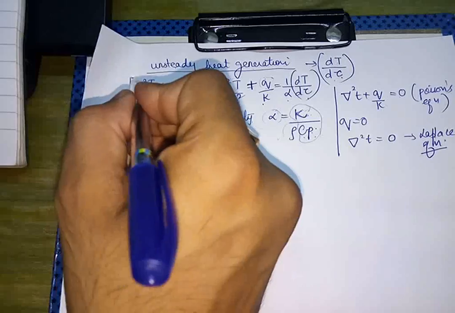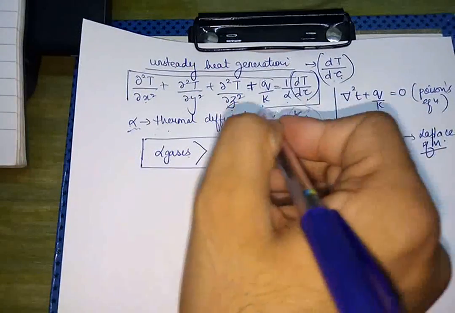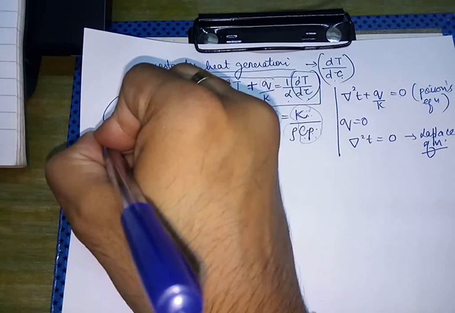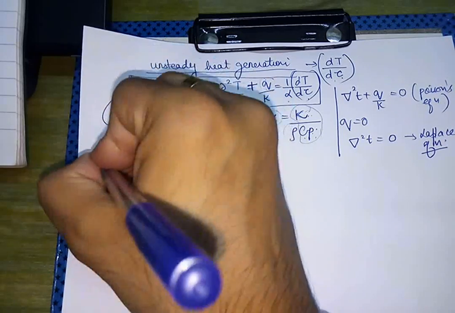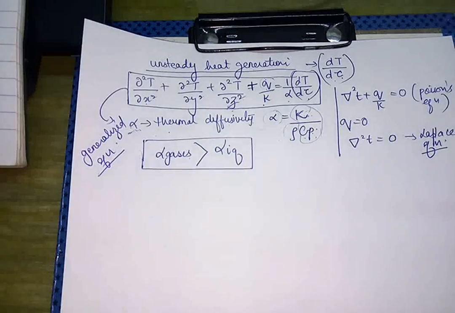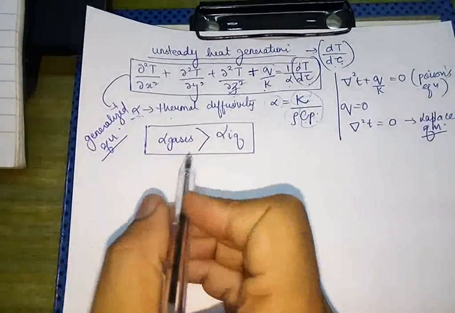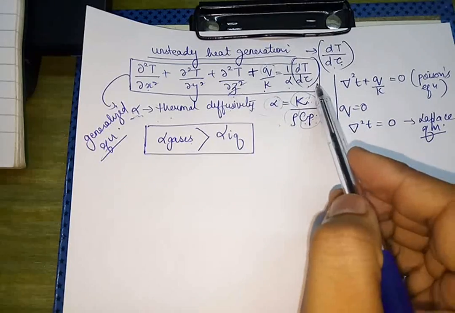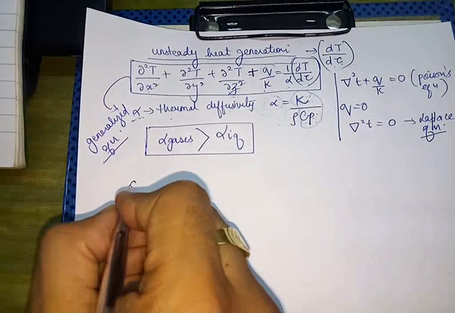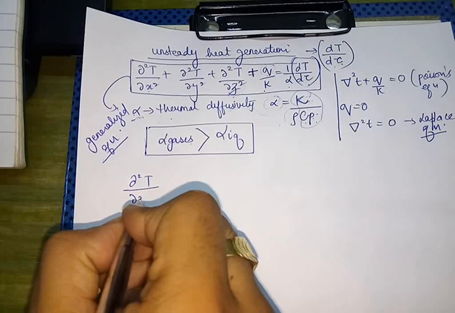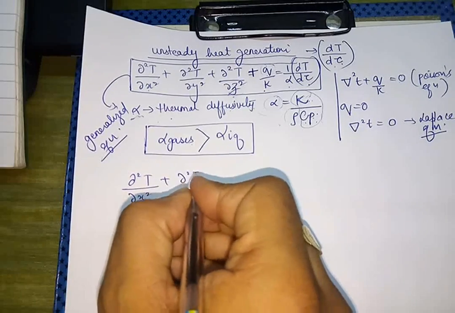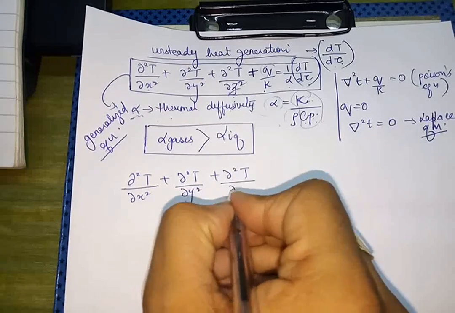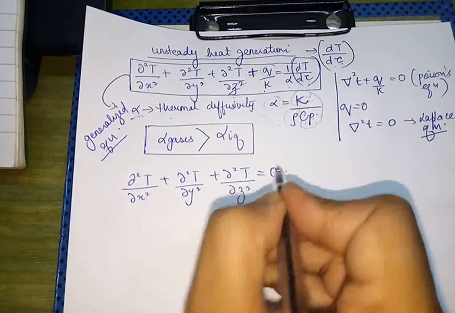The equation that we have written is called the generalized equation. Now in the generalized equation, if Q equals 0 and dT upon d tau equals 0, then we will have del square T upon del x square plus del square T upon del y square plus del square T upon del z square equals 0.